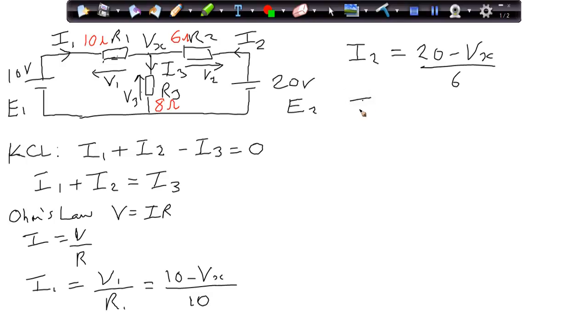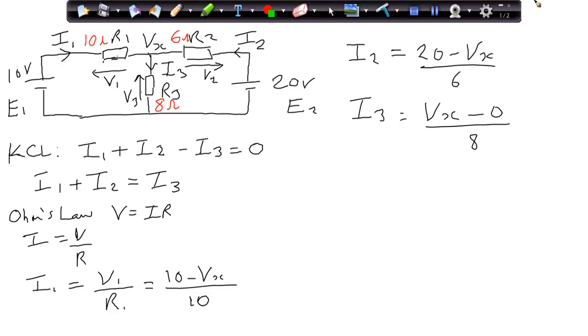I3 is even easier really. I3 is equal to Vx minus 0 over 8. We don't really have to write the minus 0, but just for completeness, the voltage across the 8 ohm resistor is Vx at this side and 0 at this side.